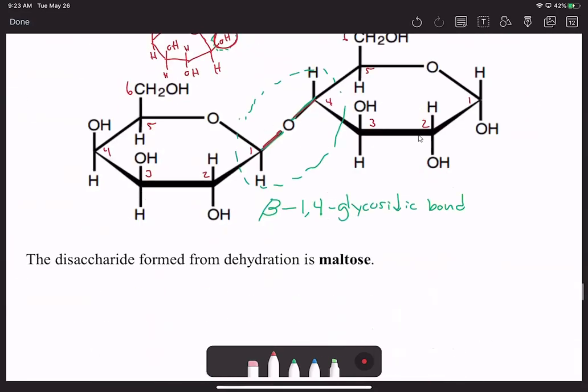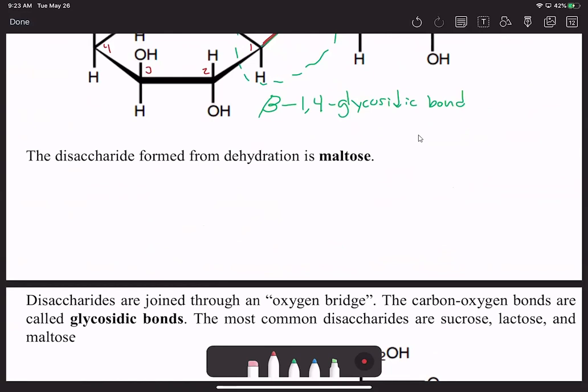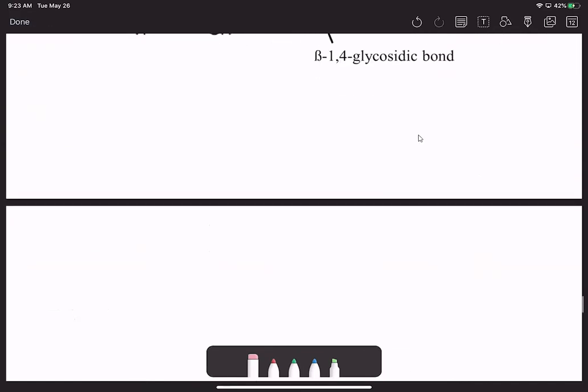Let's look at one more. Actually, what is it on here? Let me see if it's even on here.